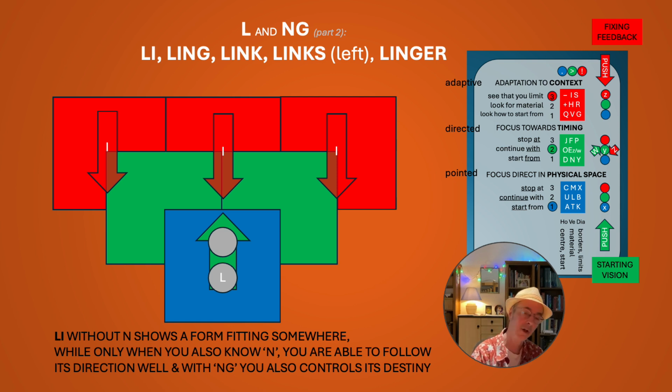E means where are the positions in the time and space context. So here you do not follow up where the things are going. You only see I have a form here, and this form fits somewhere in it. So you do not follow its destiny. It is there somewhere in it.